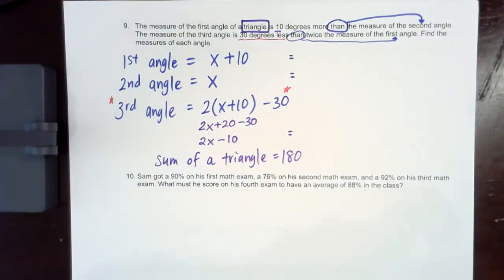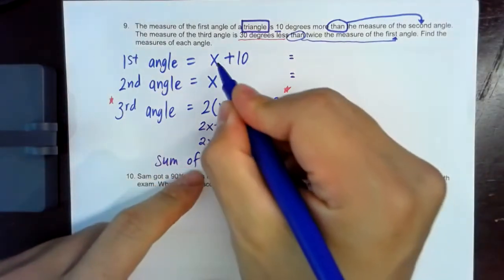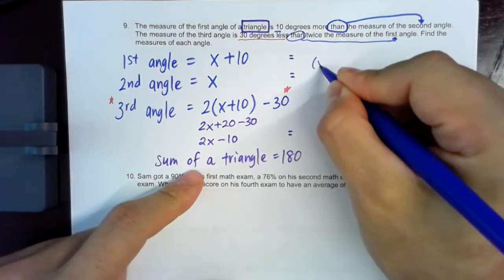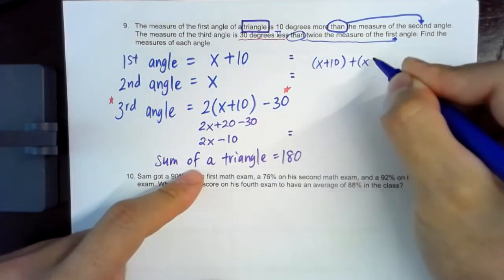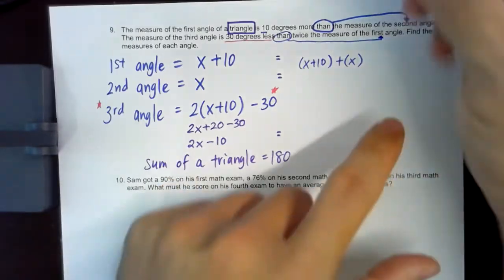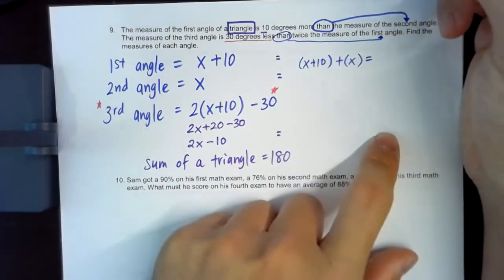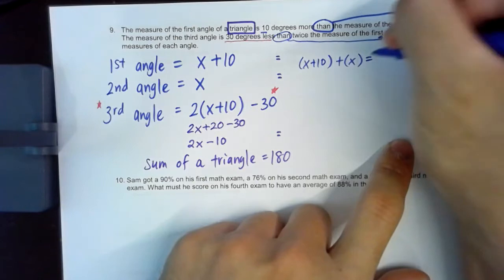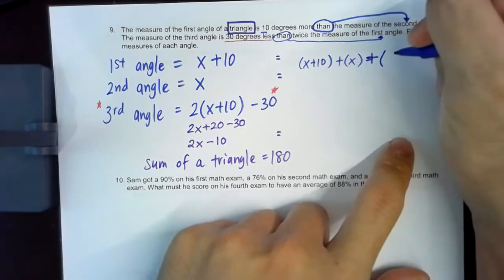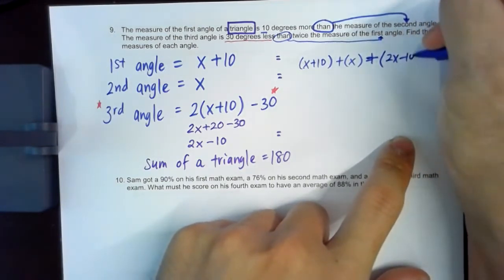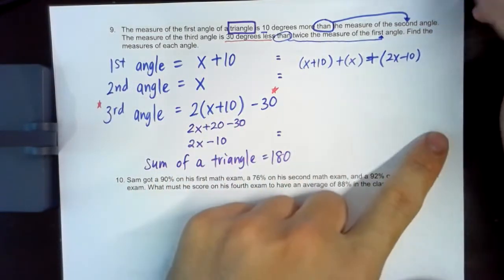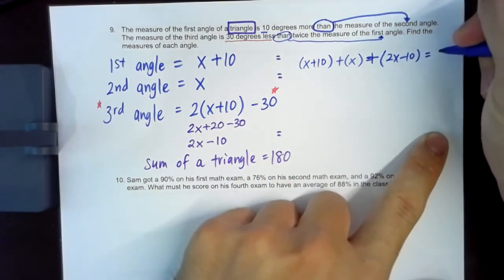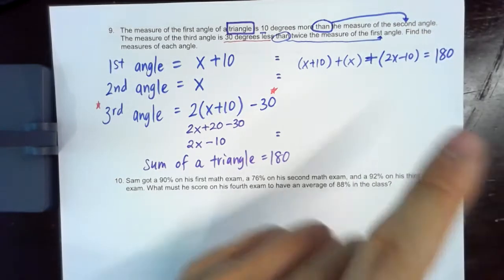So here comes the fun part. It's time for us to create the equation. So x plus 10, which is the first angle, plus x, which is the second angle. Oops, I wrote equal, but I'm going to make that a plus. Plus 2x minus 10, which I've simplified to be the third angle. And this is going to equal 180, right?